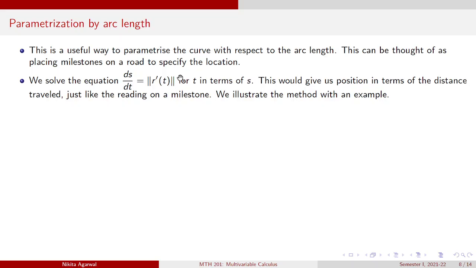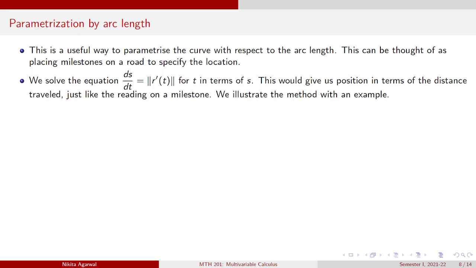So what do we do to do this? We solve this equation. Remember ds dt from the previous slide is norm of r prime t, right? So on the left you have ds dt, on the right you have a function of t. So what you do is you solve this equation and write t in terms of s.